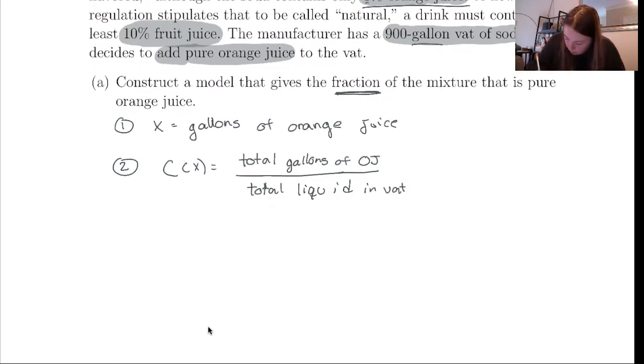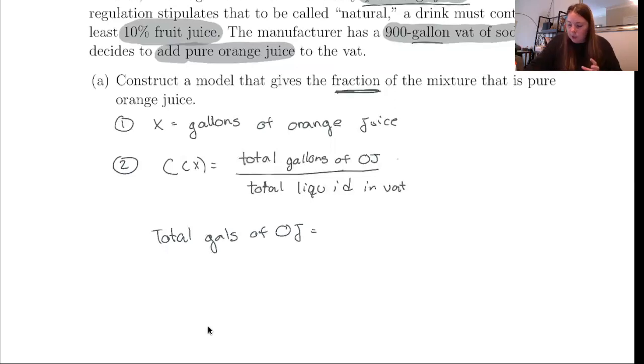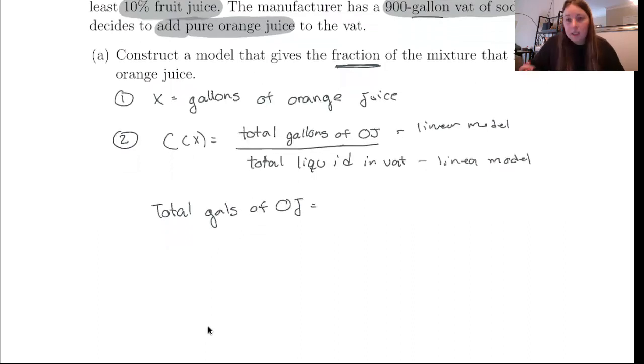So my total gallons of OJ, each of these things are going to be a linear model. Okay, linear model. Those are the only models that we know how to make. So really, kind of. At least in this context, right?